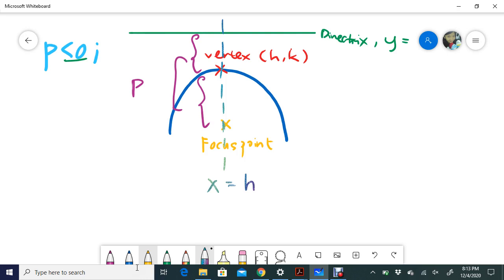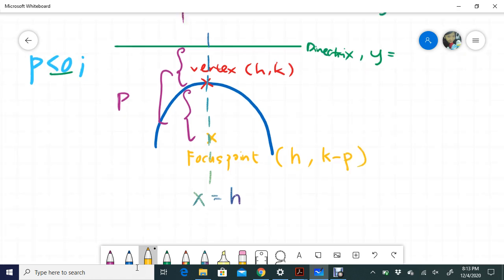Now what will be the coordinates of your focus point? Again, h will remain. Since the focus point is below your vertex point, you will have k minus p.